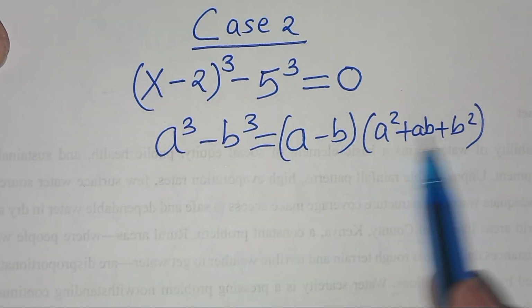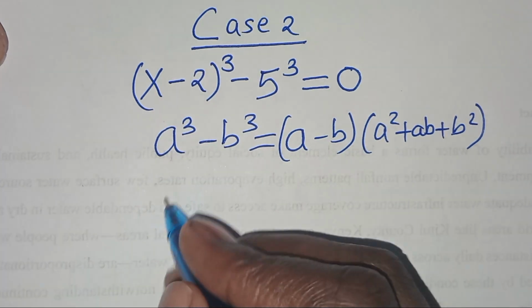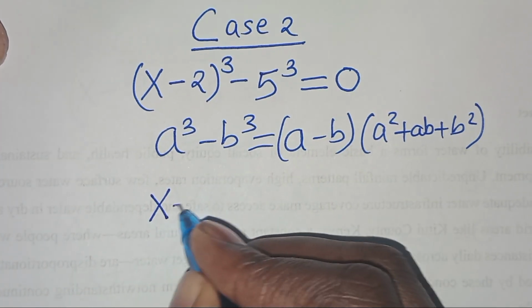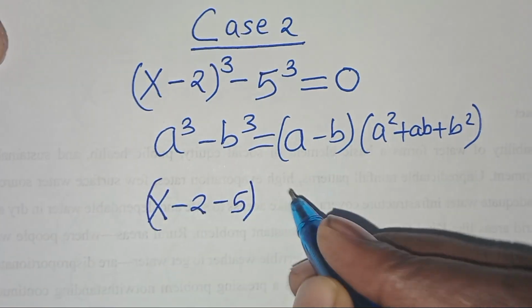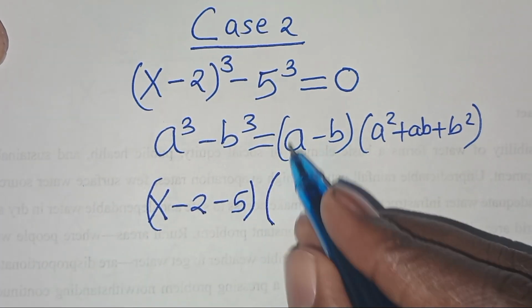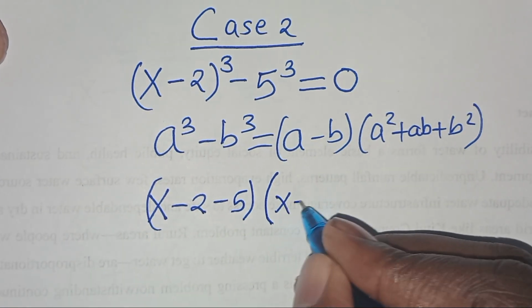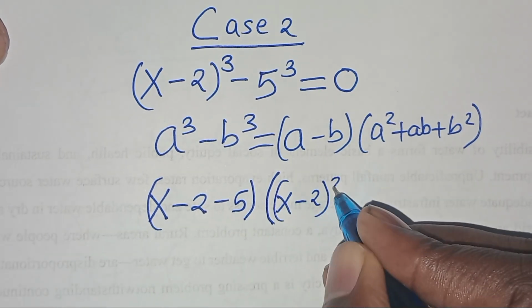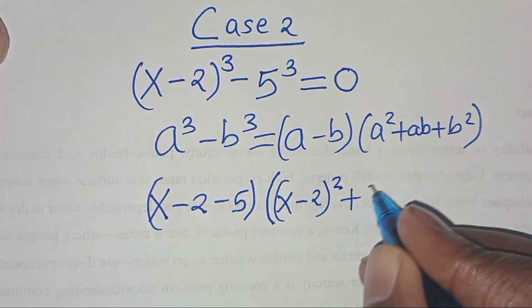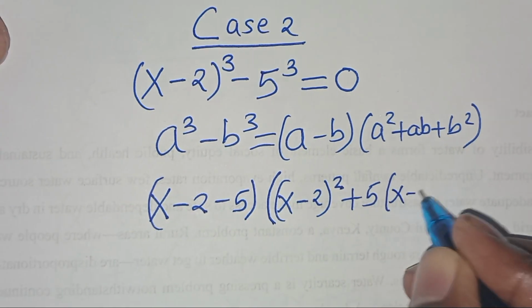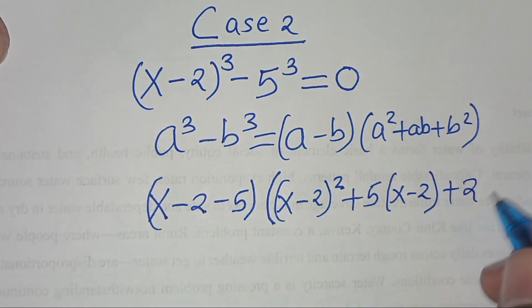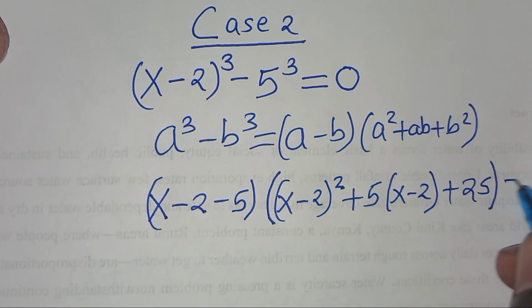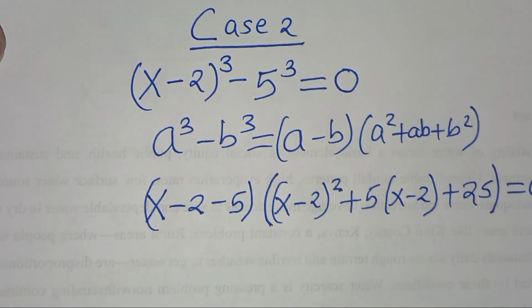Now applying this property, this is the same thing as (x minus 2 minus 5), close the bracket here. Now here we have (x minus 2) raised to the power 2, plus 5 times (x minus 2), plus 5 squared, which is 25, close the bracket, this is equal to 0.